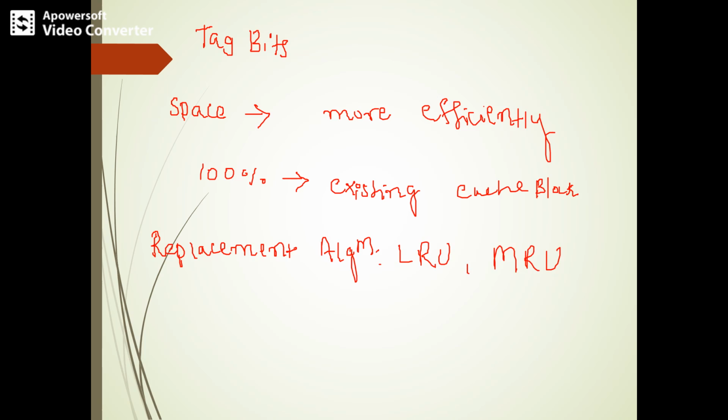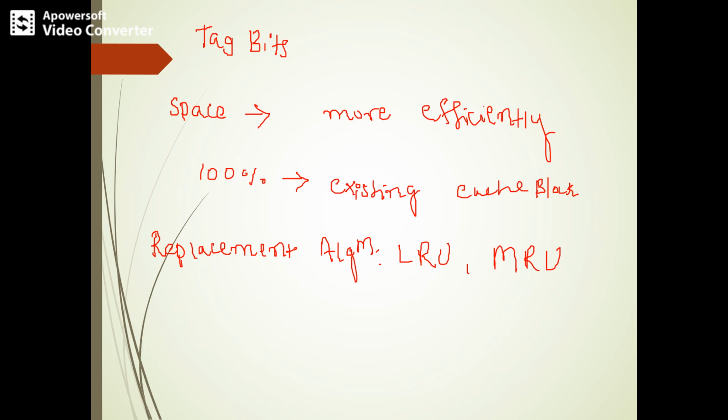Whenever the cache reaches its 100%, some respective pages or blocks need to be copied from the cache into the main memory. For that we use an algorithm called the replacement algorithm.